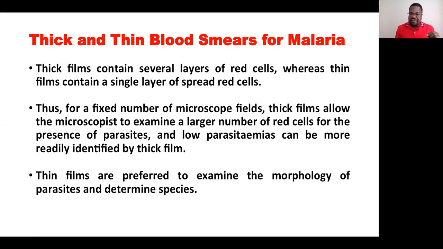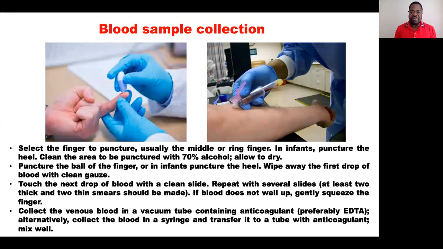So the thin smear helps you identify the morphology and the species, but the thick smear gives you an opportunity to see if there is a parasite somewhere, because you bring a large number of red blood cells together and try to identify if any red blood cells are infected.